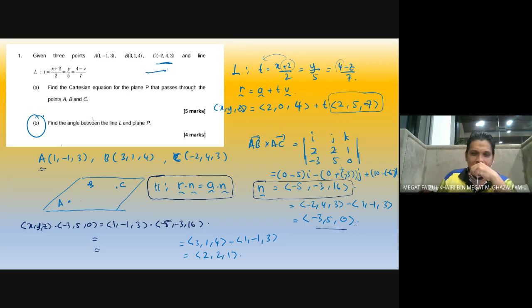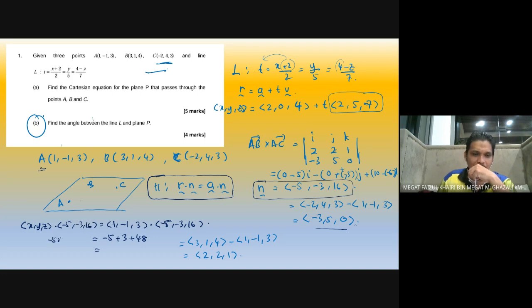So 1 times negative 5 minus 5, negative 1 times negative 3 plus 3, 3 times 16, 48. Okay, so this is now negative 3x plus 5y. Sorry. Ini pun saya silap. I didn't change this vector. Negative 5, negative 3, and 16.